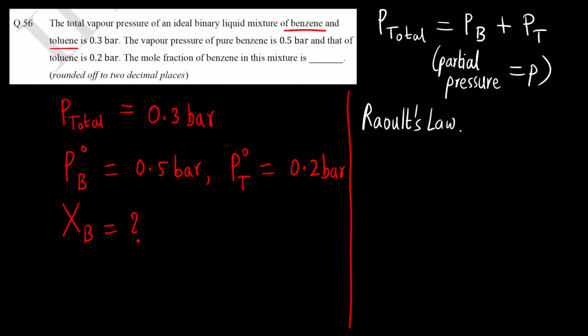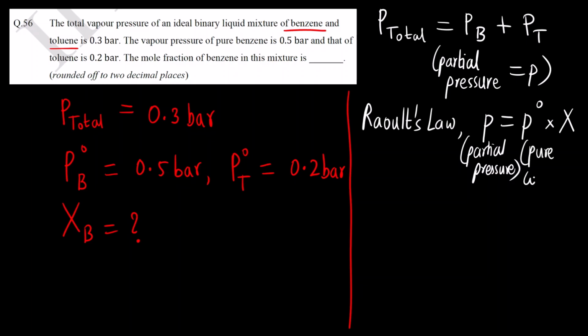what is the formula? Partial pressure is equal to the vapor pressure of the pure component multiplied by the mole fraction. P is the partial pressure of any component in a gas mixture, P0 is the vapor pressure of the pure component, and X is the mole fraction.